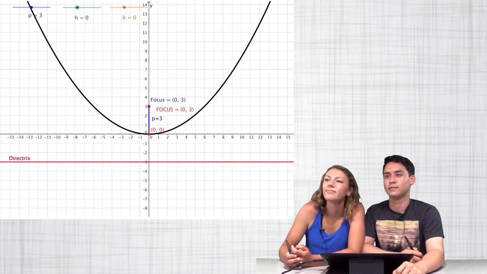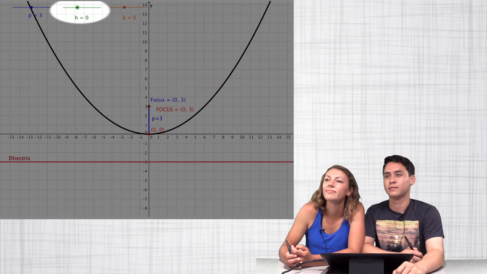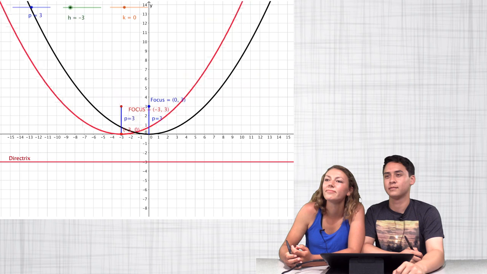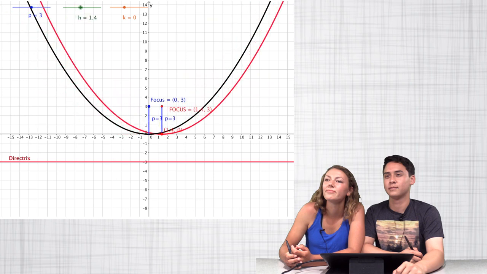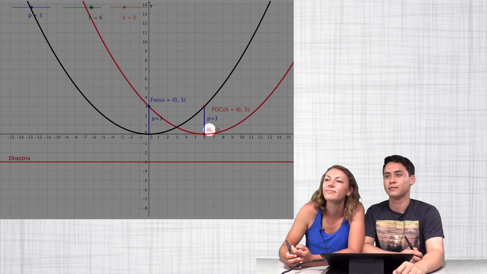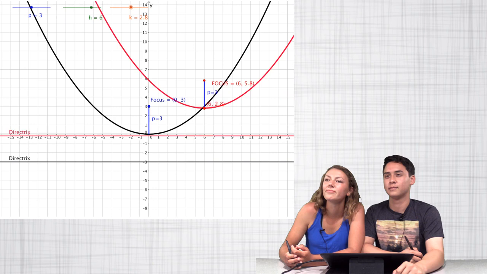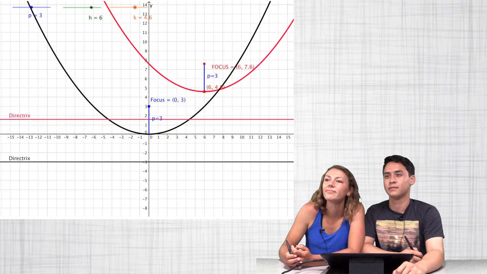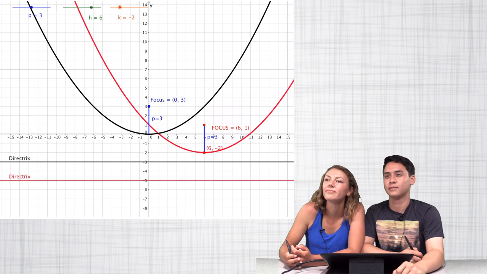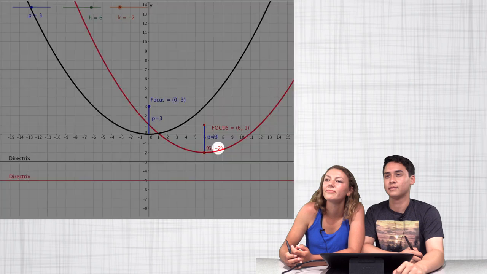Sasha and Keoni made several discoveries. If they change the value of H, the base parabola moves side to side. So if they increase the value of H to 6, the x value of the vertex of the new parabola will also be 6. Changing the value of K moves the parabola up and down. So if they decrease the value of K to -2, then the y value of the vertex of the new parabola will also be -2.